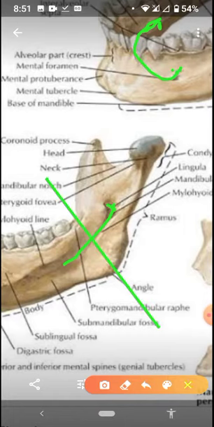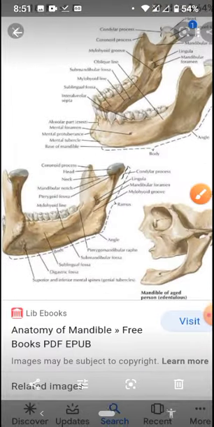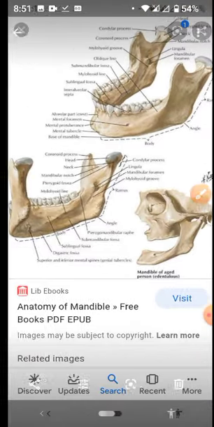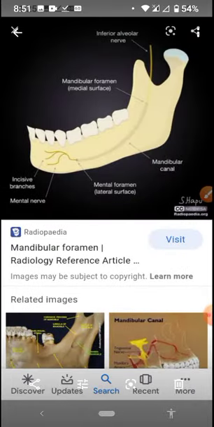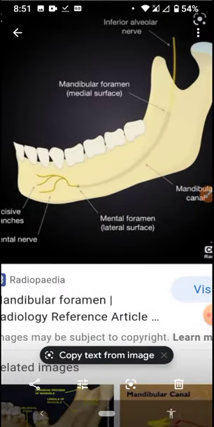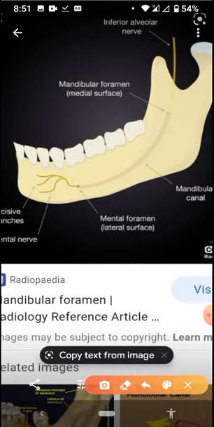I will show you in another picture which is very clear. You can easily see that the mandibular foramen is over here, and from the mandibular foramen the mandibular canal runs and opens in the mental foramen, and from the mental foramen the incisive branches move forward.